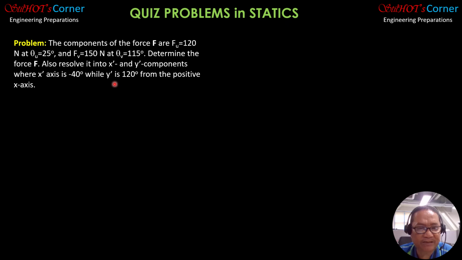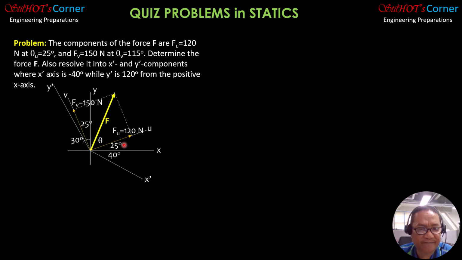So let's draw the figure locating the force F and showing the U and the V components. So this is Fu and it makes 25 degrees with the positive x-axis, 120 newtons, and the V-axis makes 115 degrees from the positive x-axis, so 115 minus 90 degrees is 25 degrees.